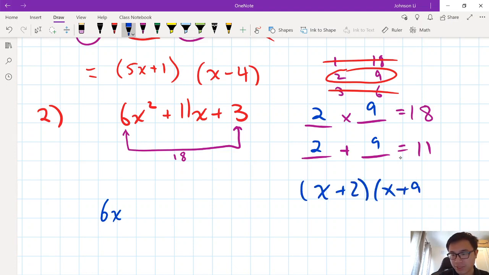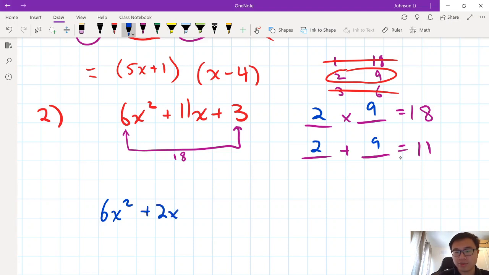And remember, the key thing here is that we don't actually do this anymore, okay? This is not what we do now. Because when we factor using a different technique, we actually split that middle term into that 2 and that 9. And you can split it one of two ways. You can do plus 2x plus 9x. So you split this middle term into these numbers.